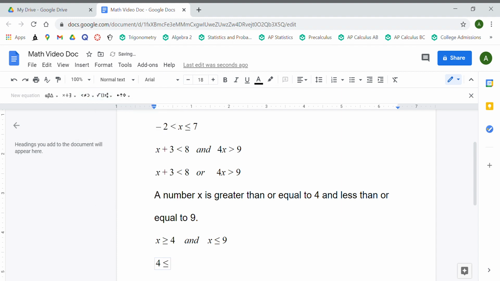And so we will write this as 4 is less than or equal to x, because we flip the sign and we flip the terms over. Then we can combine them: x is greater than or equal to 4 and less than or equal to 9. So you can simply write it as this.